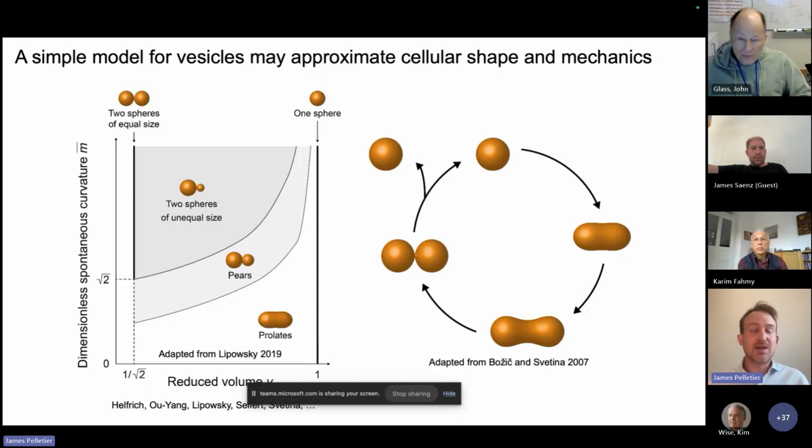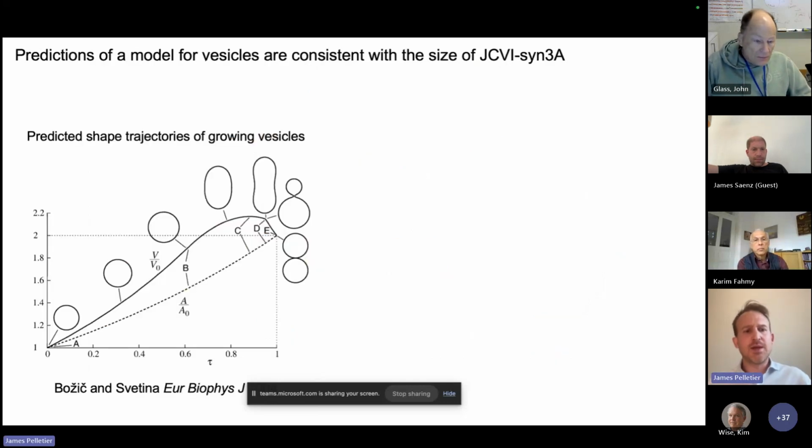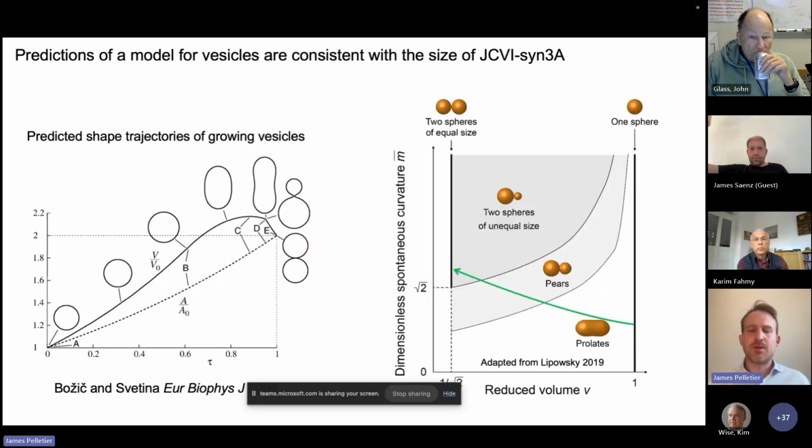And we're also taking this model seriously and quantitatively. So this is work, again from Sasa Svetina, that has considered the shape trajectories of growing vesicles, both the volume and the area, and how those increase over time. And we can imagine a shape trajectory of a dividing cell of syn3A perhaps looking something like this, which would look like this green line on the phase diagram.